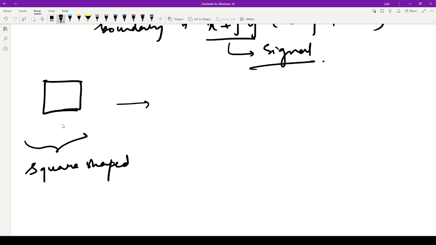What frequency content does this shape contain? High frequency, okay. Doesn't it contain a low frequency part as well?